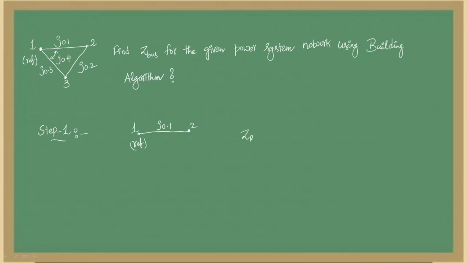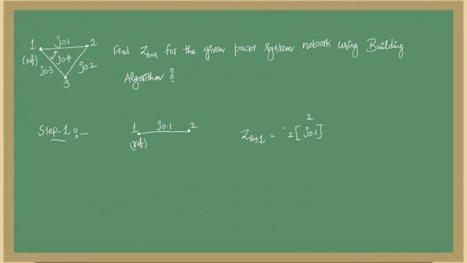As this is the Z bus matrix which is obtained in the first step, I am assuming it as Z bus 1, and it is given by, since it is only one element, that impedance, and you will get a 1 by 1 matrix. This is a 1 by 1 matrix, and this matrix has the indices 2 and 2.